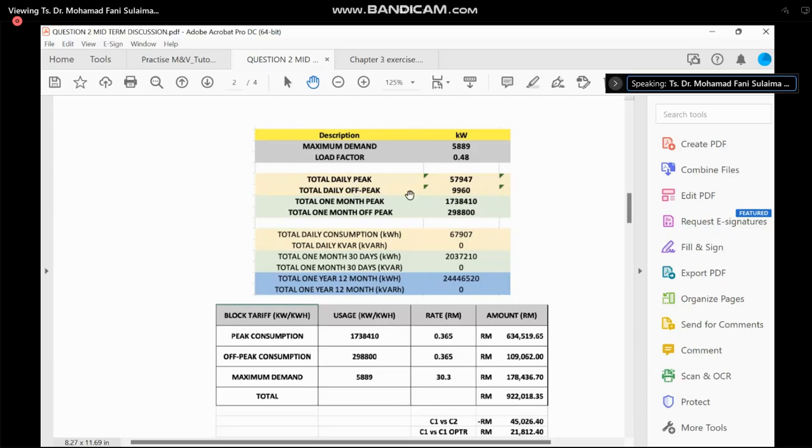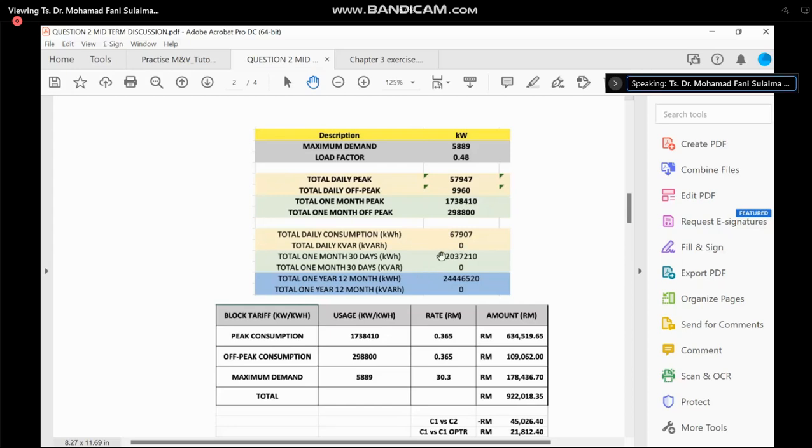So at the end of the day, you can get these numbers for the daily consumption, and also for total 1 month consumption. Just get the sum value of peak and off peak for 1 month. So at the end of the day, we get the energy consumption for 1 month.